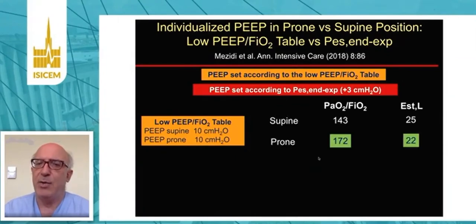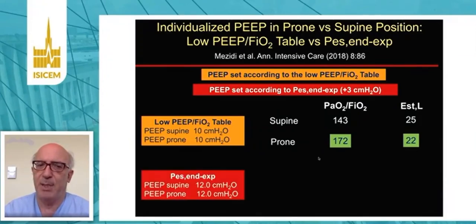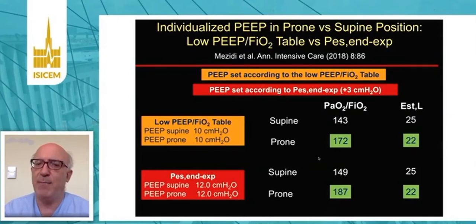And as you can see here, the prone position was associated with better oxygenation and better elastance. When PEEP was set according to the esophageal pressure at end expiration, there was no difference between supine and prone, and PEEP was a bit higher as compared to the low PEEP PaO2/FiO2 table. And again, there was an improvement in oxygenation and improvement in elastance.